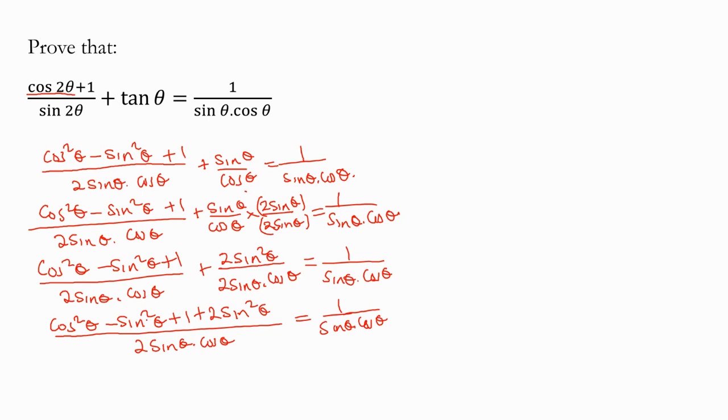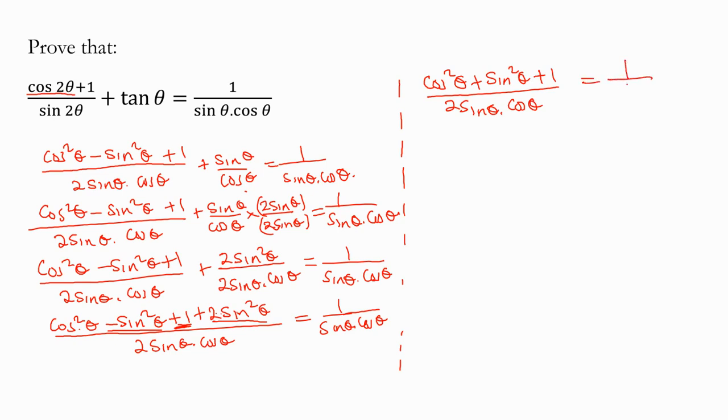Then if we check, we have like terms here. What is negative sine squared theta plus 2 sine squared theta? That is sine squared theta. So this becomes cos squared theta plus sine squared theta, then plus the 1, over 2 sine theta cos theta is equal to 1 over sine theta cos theta.